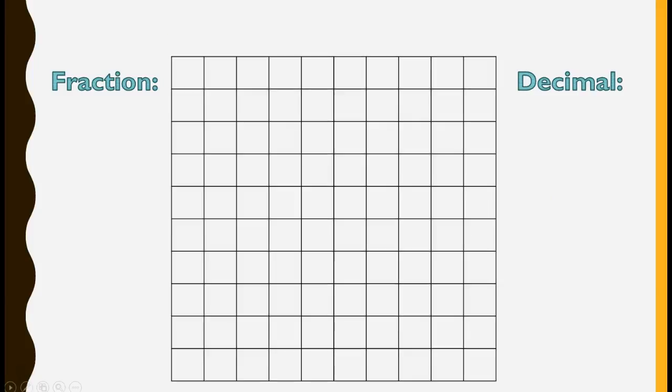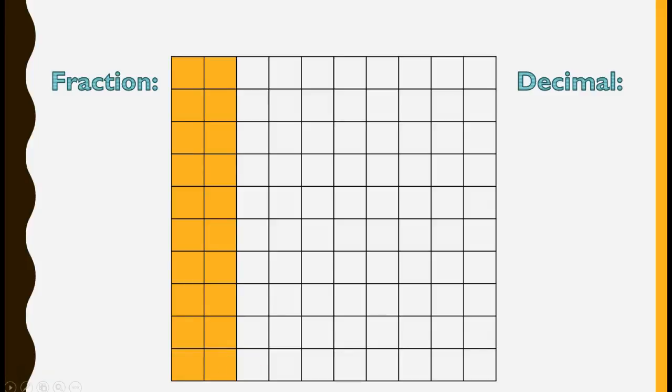Okay, so let's take a look at another one. If I showed you this model and it had this portion colored in, how would you write that as a fraction? And how would you write that as a decimal? There's 100 total pieces, and this is 2 rows of 10, so this is 20.